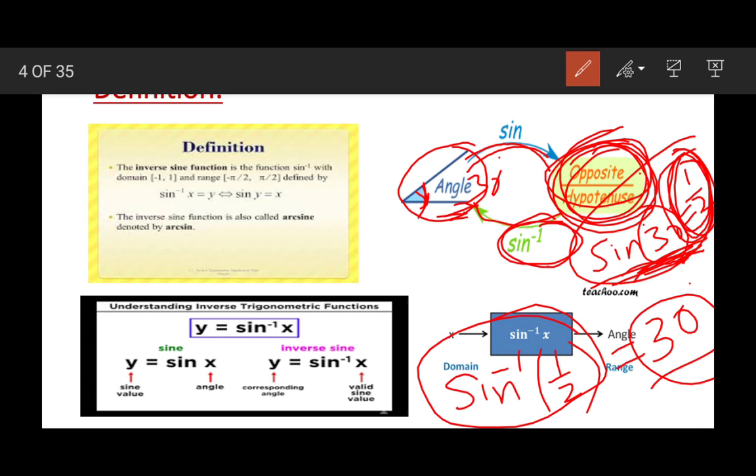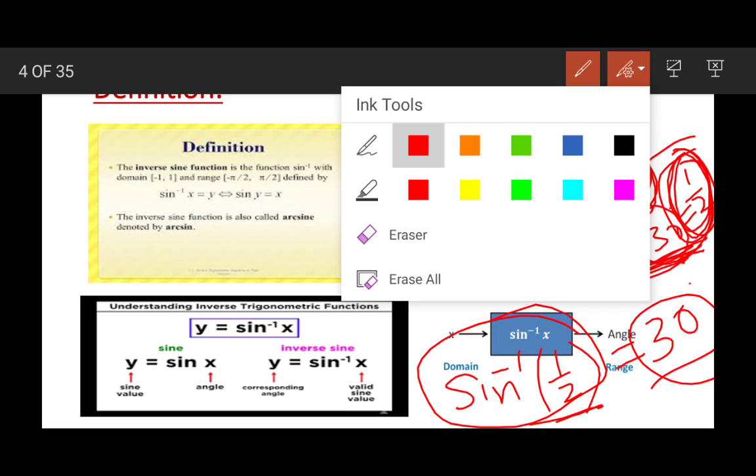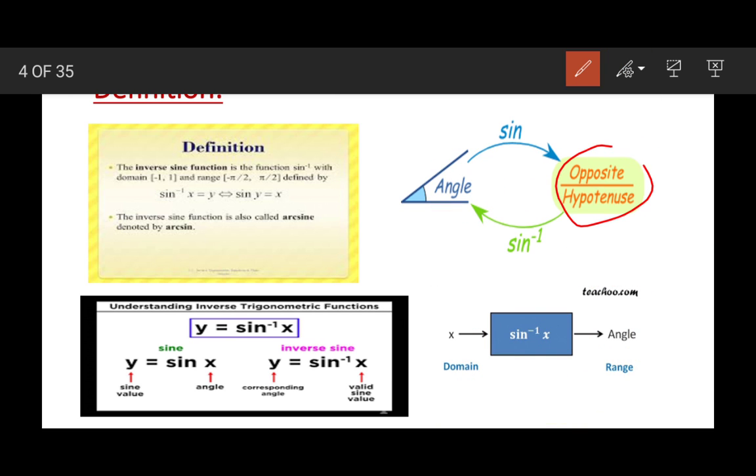Clear? Now the opposite side and the hypotenuse are given, and we have to find the angle. For that, the angle will be a sine inverse value.